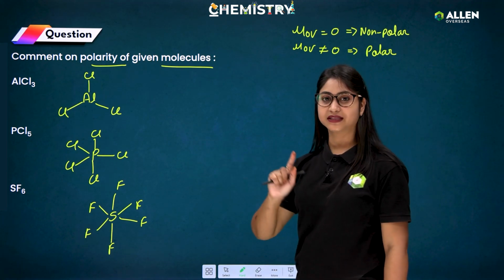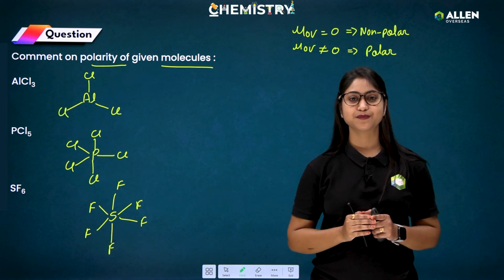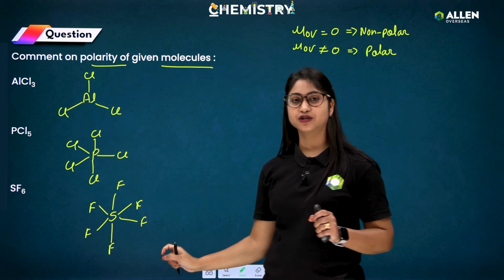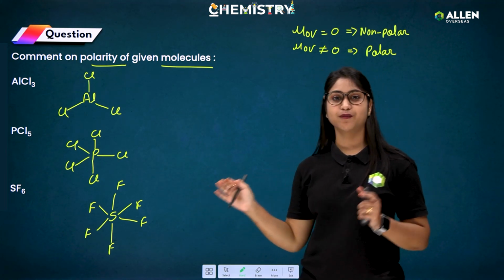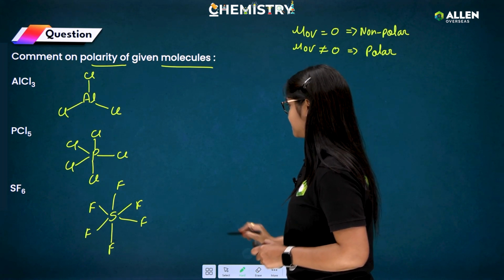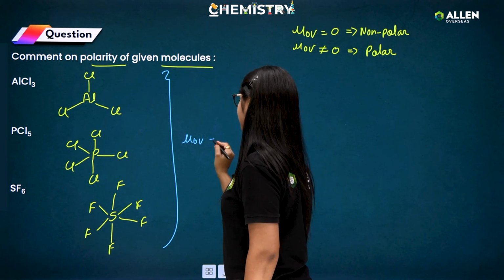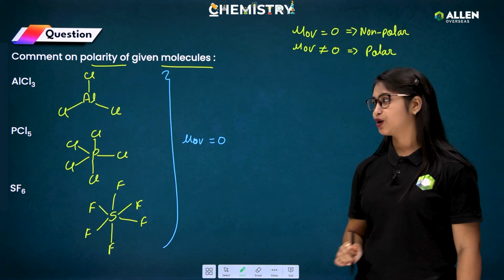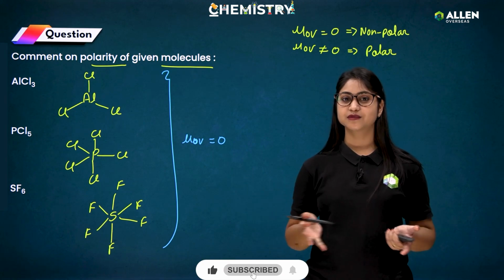Now you can see one thing, that all these 3 geometries are perfect geometries. Perfect geometries means there is no lone pair on the central atom, and all the surrounding atoms are also the same. So when you have these kinds of perfect geometries, then the mu overall for such species will be 0. You don't have to calculate it, it will come out to be 0. Because there is no lone pair on the central atom and all the surrounding atoms are also the same.